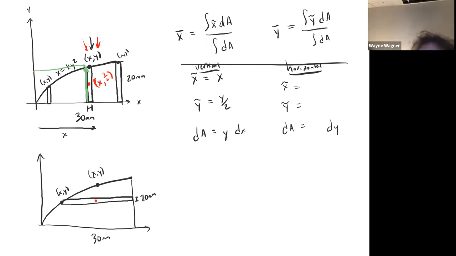Okay, and then what we need is this length here, and that length there is a little bit tricky. Can you see what it might be? We want it to be X, but it's not X because X tells us this distance here. Any thoughts?